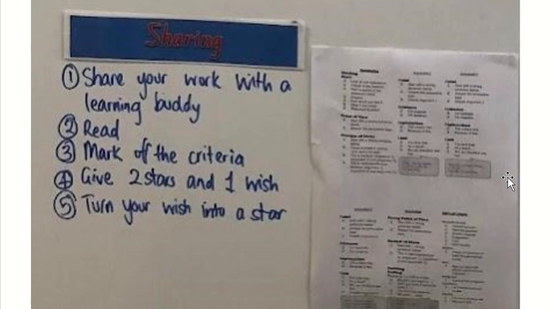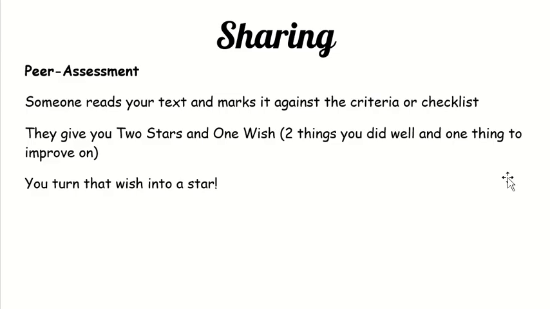And the feedback would come from the criteria. So they're not up to editing or revising yet, which is where all the punctuation and spelling comes in. So this is just on whatever the criteria is. So this is where they peer assess.